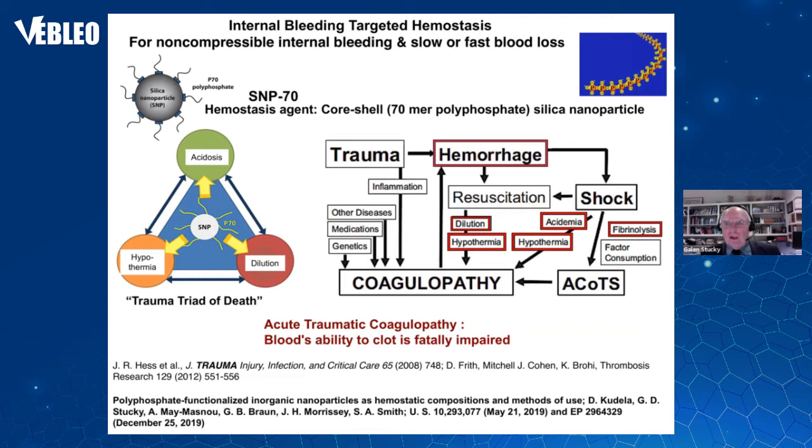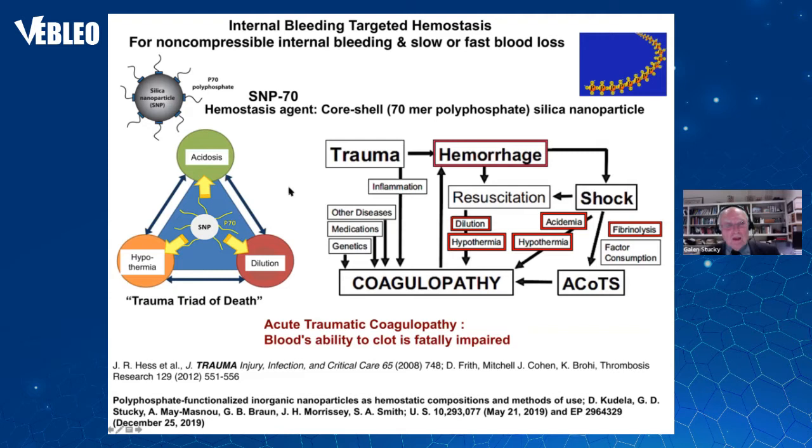So the solution to that, a lot of it came from some inspiration from Professor Morrissey, who has been working on polyphosphates in human and living systems for many years. Your body uses polyphosphates in many ways, in the synthesis of bone, but also in the neural system.